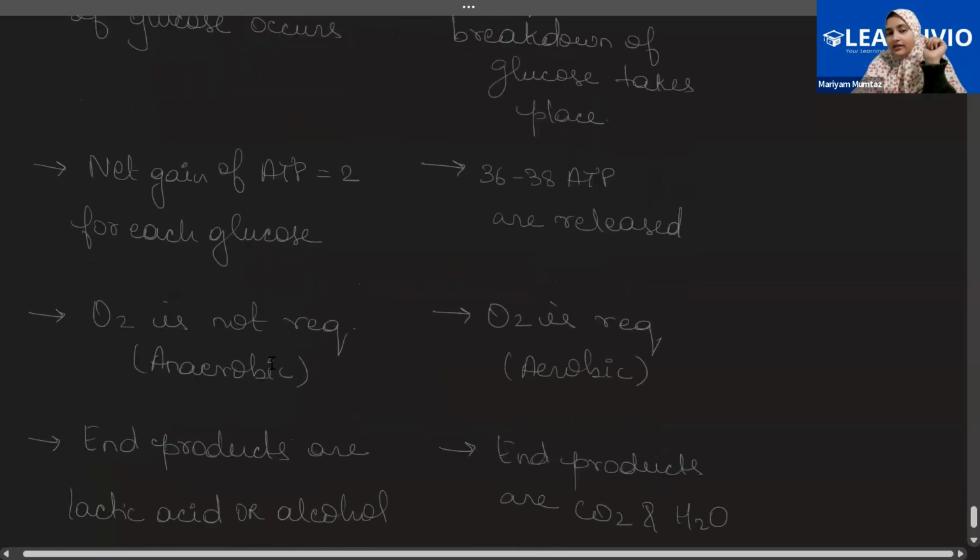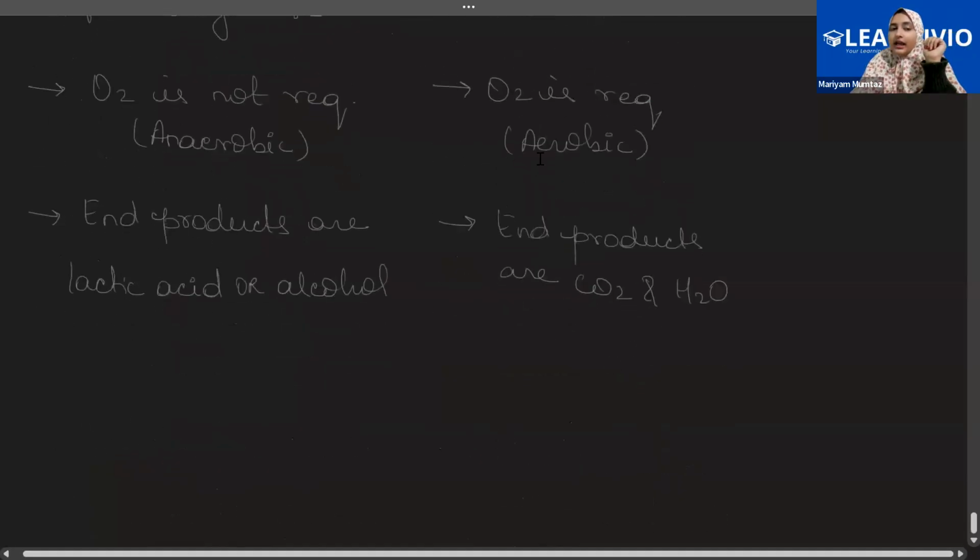Oxygen is not required in the anaerobic case, and oxygen is required in the aerobic. End products of fermentation are lactic acid or alcohol. End products of aerobic respiration are CO2 and water. Clear, students?